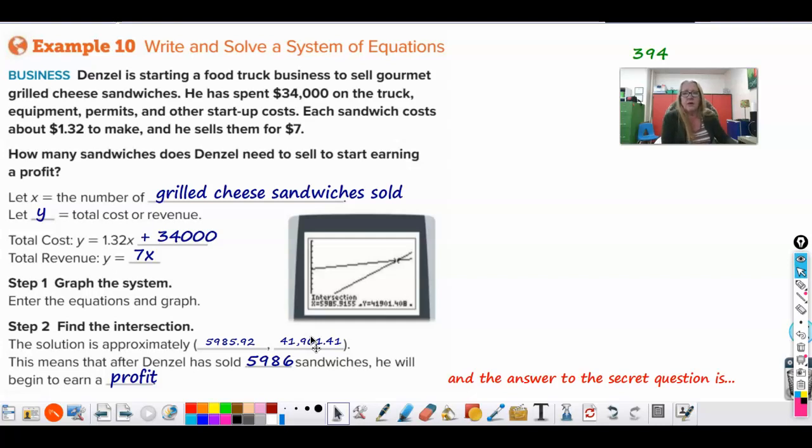Well, it wants to know how many sandwiches he will have to sell. Remember, X represents the number of sandwiches, okay? So in this equation, the number of sandwiches is the X coordinate, and they've rounded it, obviously 0.9 rounds quite easily to another sandwich. So once he sells 5,986 sandwiches, he will begin to earn a profit, okay?